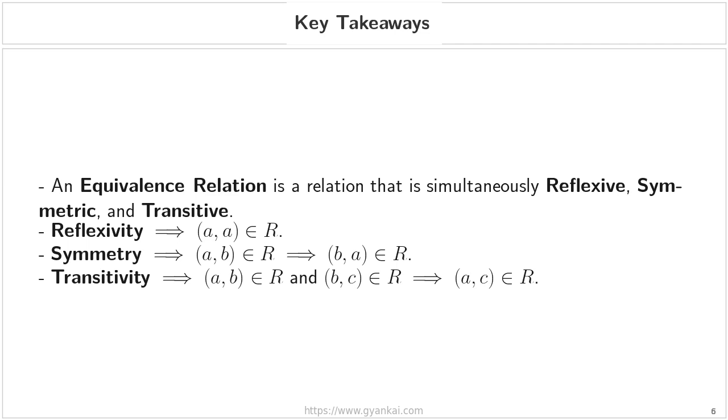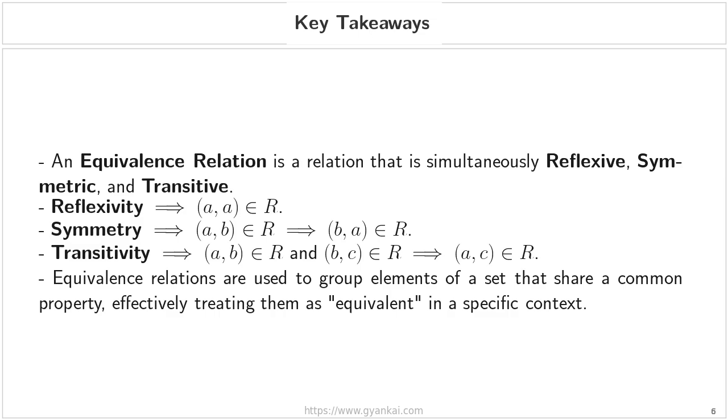And transitivity means that if the pair (A, B) and the pair (B, C) are both in the relation R, then the pair (A, C) must also be in the relation R. This ensures a consistent chain of relationship across the set.